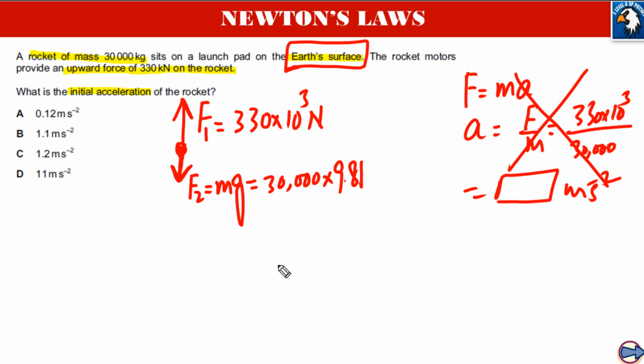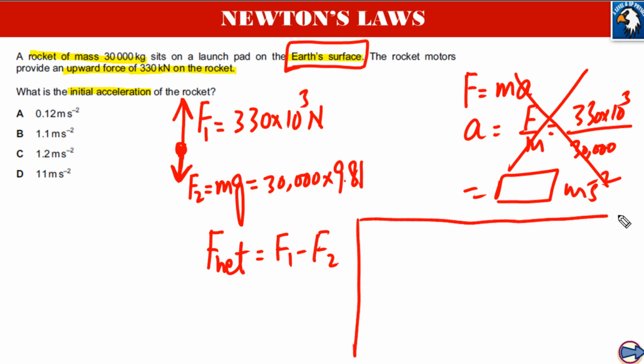Now, what is the net force? The net force, F net, will be equal to F1 minus F2. So now we can use Newton's second law. We can say that a is equal to F net, meaning the resultant force on the rocket, divided by its mass.